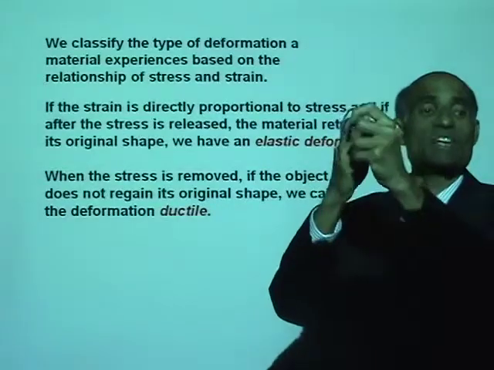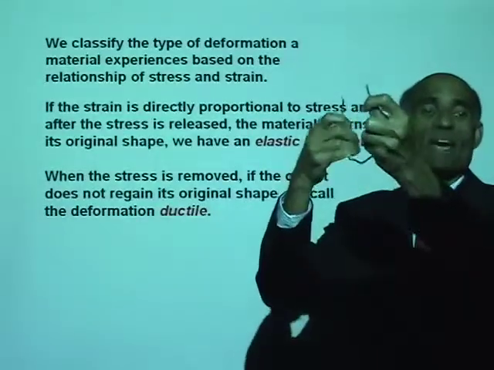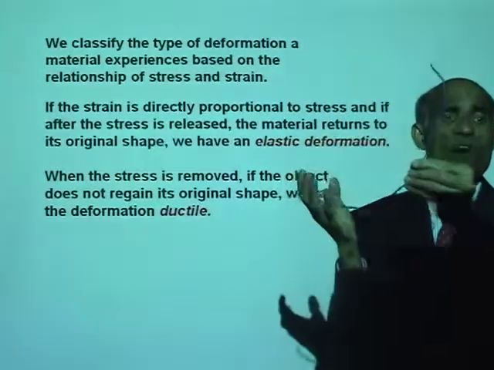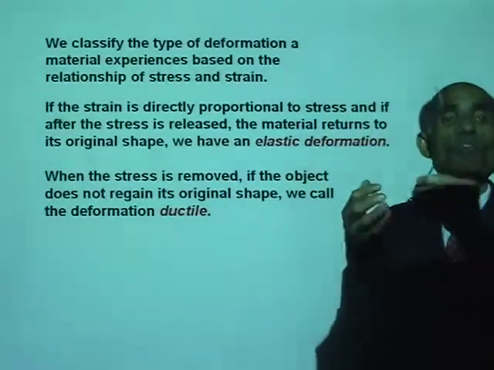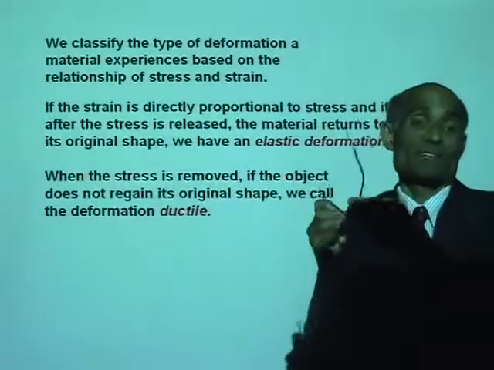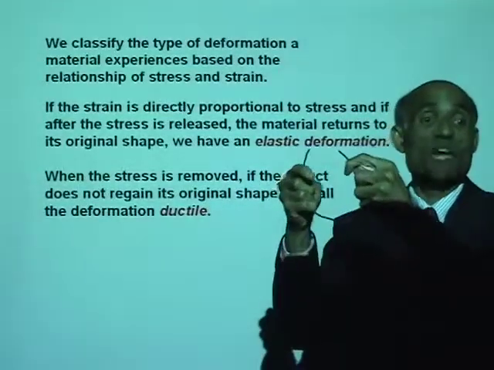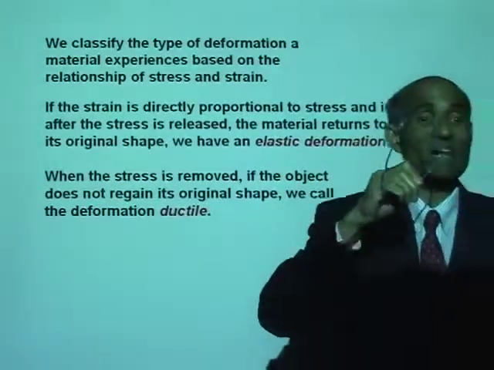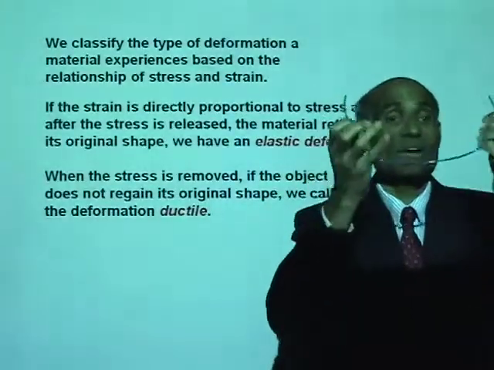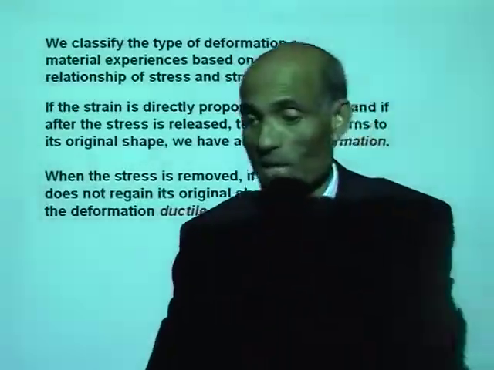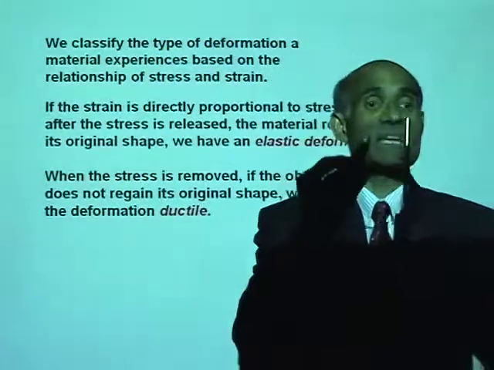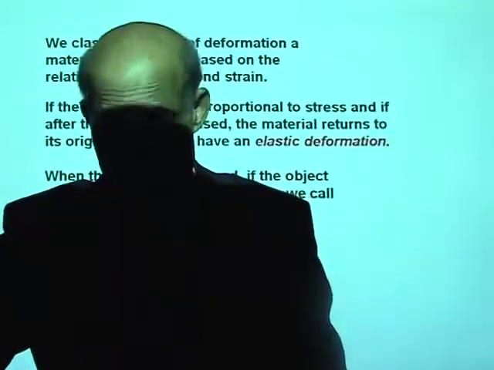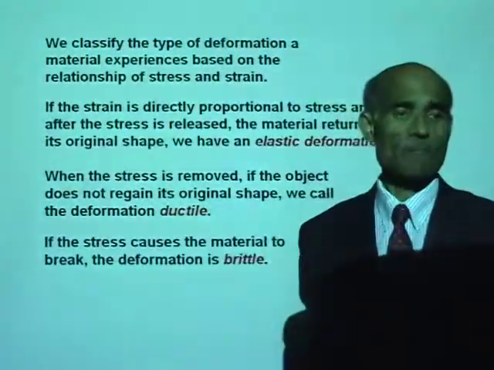So, this kind of deformation, where when the deforming force is there, it deforms, but when the deforming force is removed, it does not go back to its shape, is called a ductile deformation. So I have a ductile deformation and an elastic deformation. So you must understand the meaning of these well.